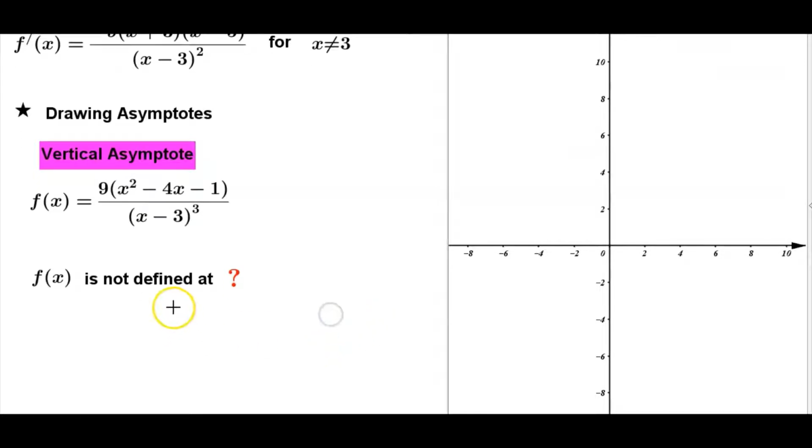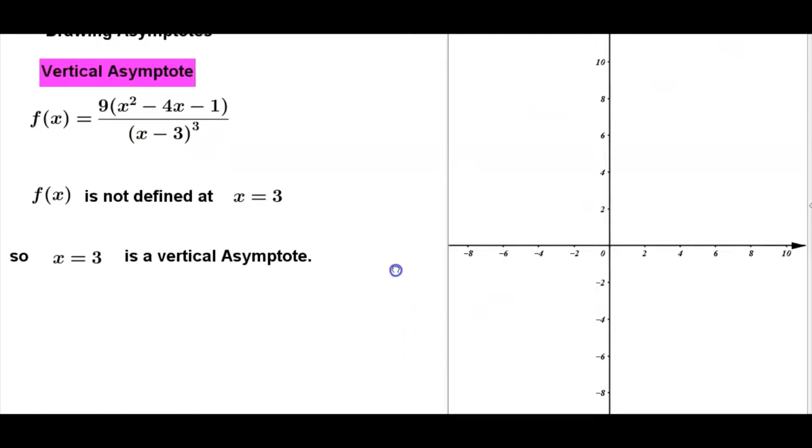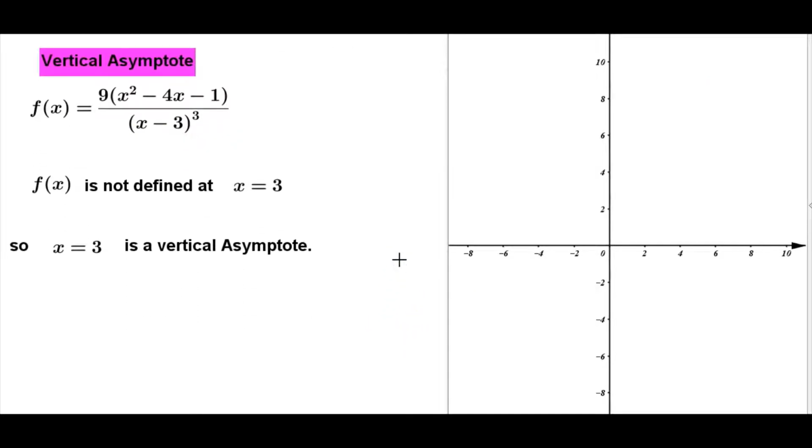This function f(x) is not defined at what x value? In which x value the function is not defined. Therefore, the denominator should be 0. Therefore, at x is equal to 3, this function is not defined. Therefore, x is equal to 3 is a vertical asymptote.